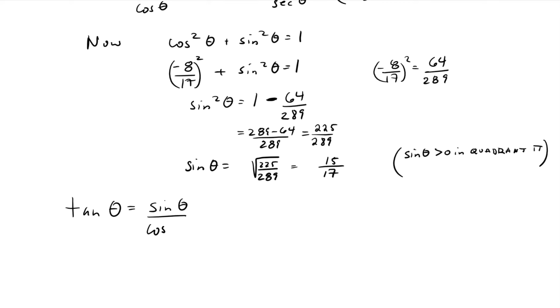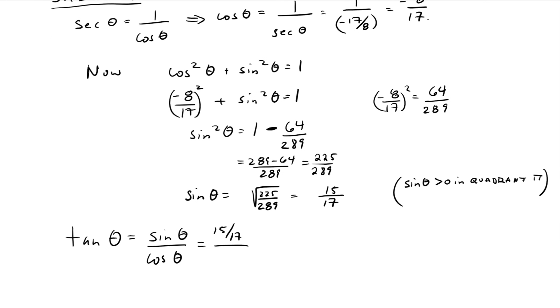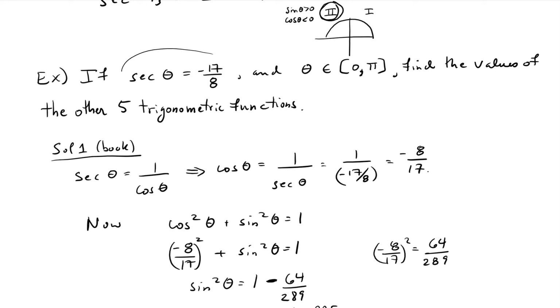So sine over cosine, how do you calculate that? Well, you don't calculate, you just replace by the values we found before. We get minus 8 over 17, like this, so as you simplify, you're going to get minus 15 over 8. There's another way of getting tangent, because since you have secant from the start, there's a connection between secant and tangent using a trig identity.